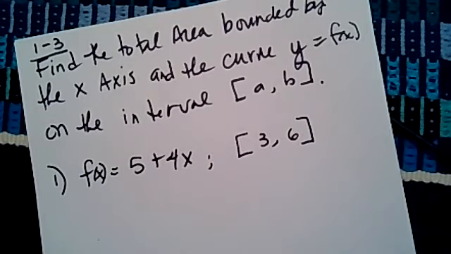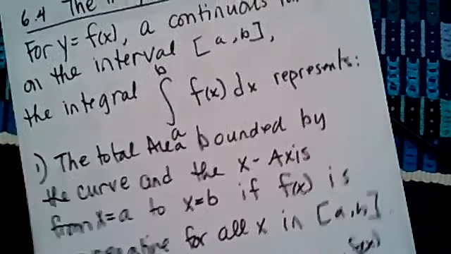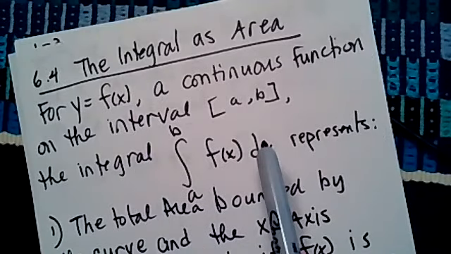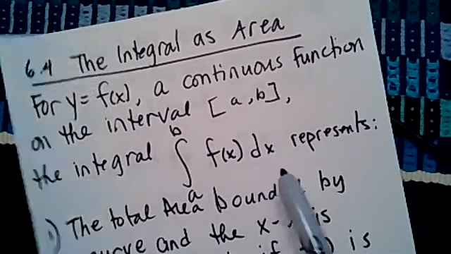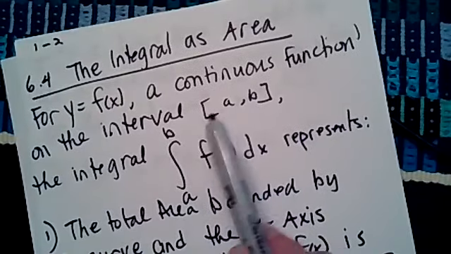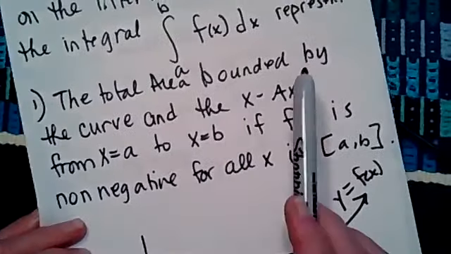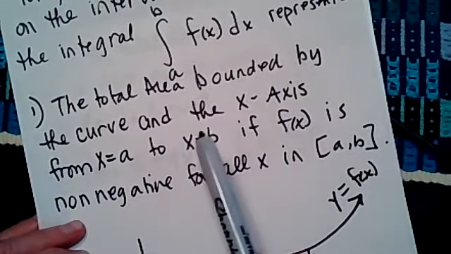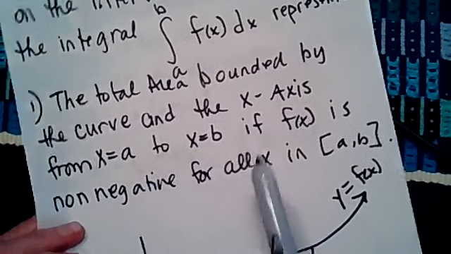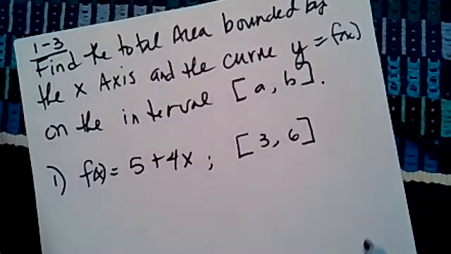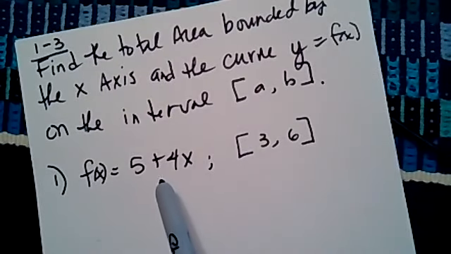Remember from this definition, if we have a continuous function on the interval, which we do, and we set up the definite integral from a to b, where a is the smaller number and always on the bottom, then we get the area bounded by the curve and the x-axis from x equals a to x equals b. So we're finding this area right here. We don't have to graph the function.